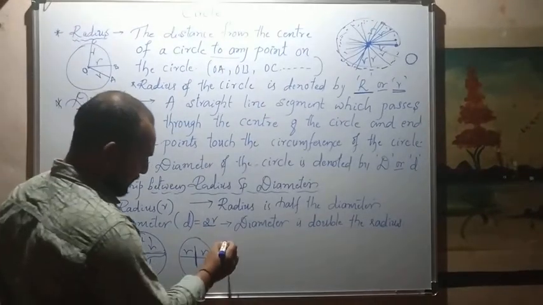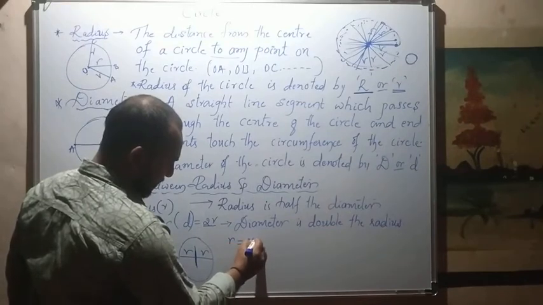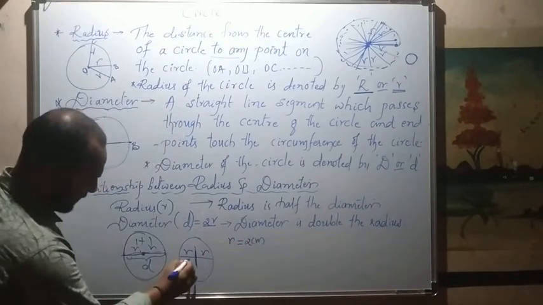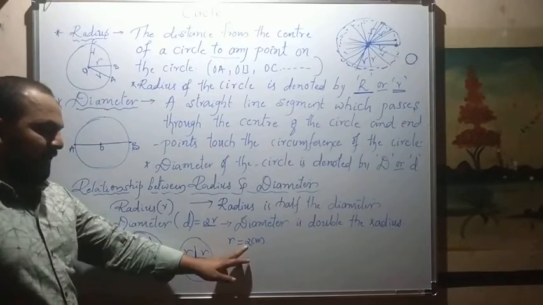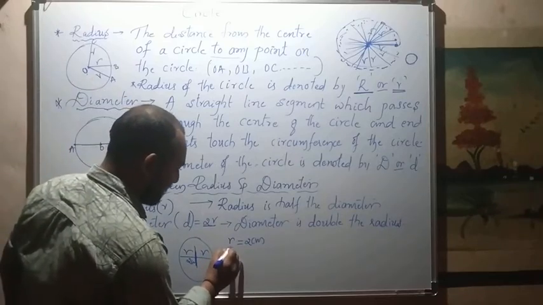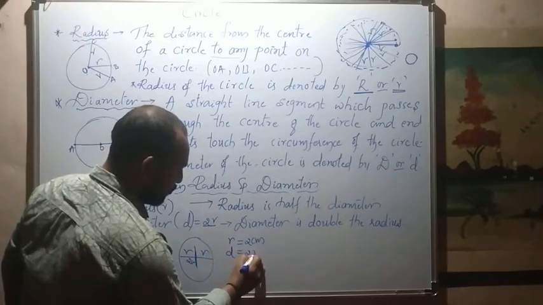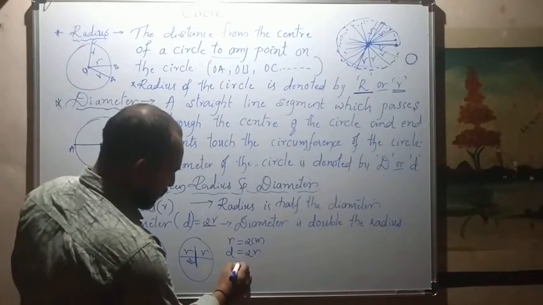For example, take a radius of 2 centimeter. The radius is 2 centimeter. What will the diameter be? The diameter means 2 times of radius. Then substitute, what is R?